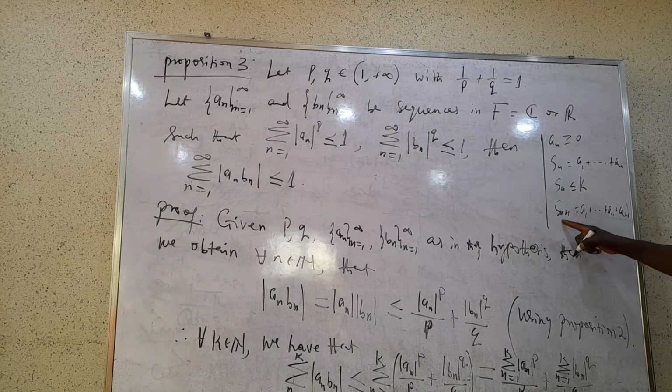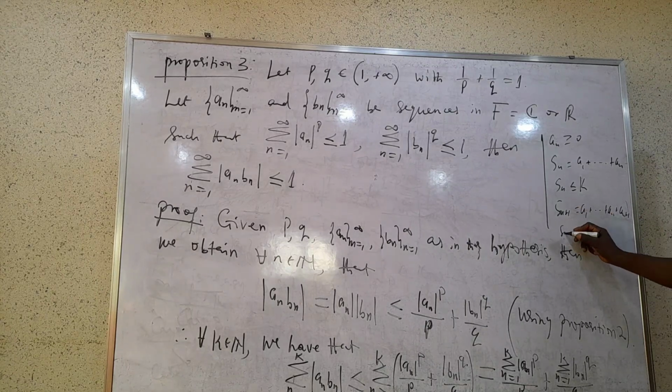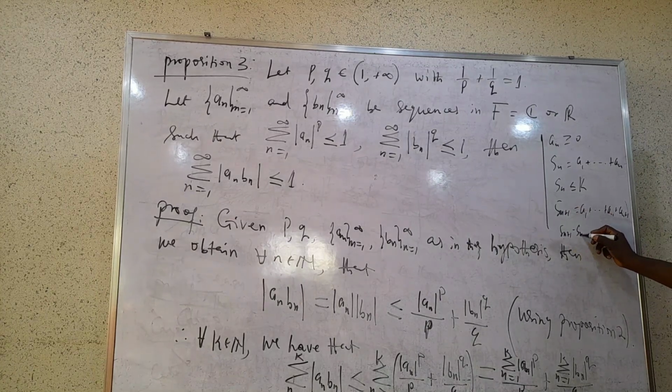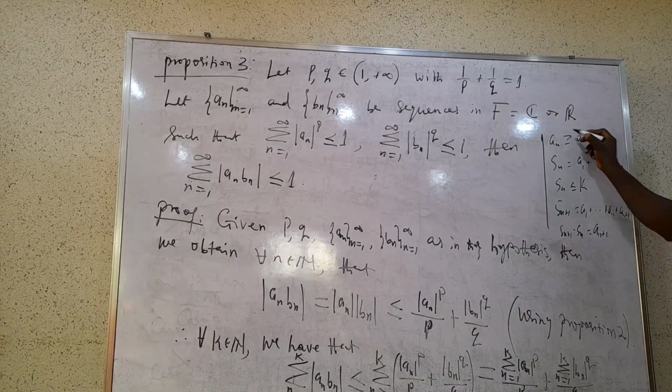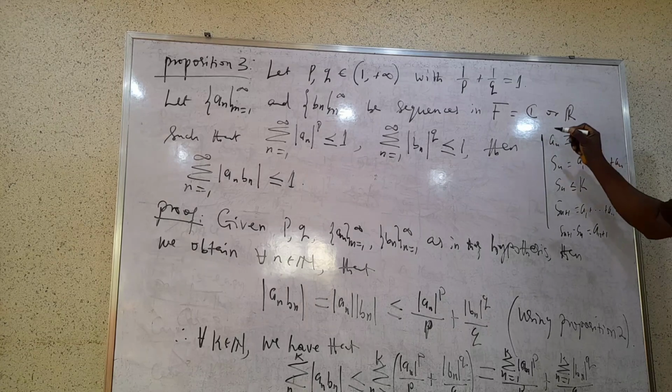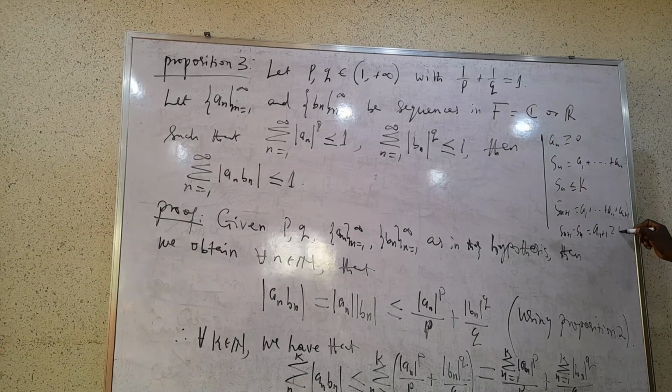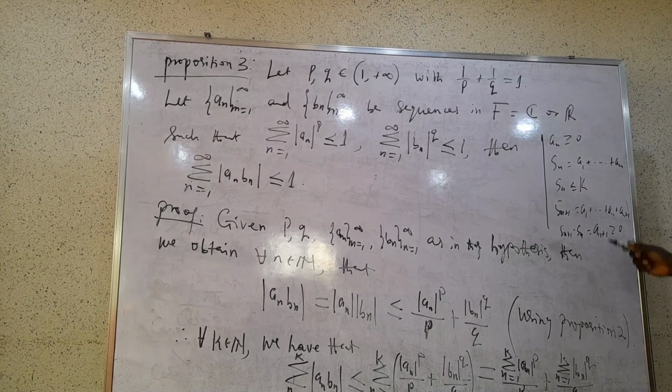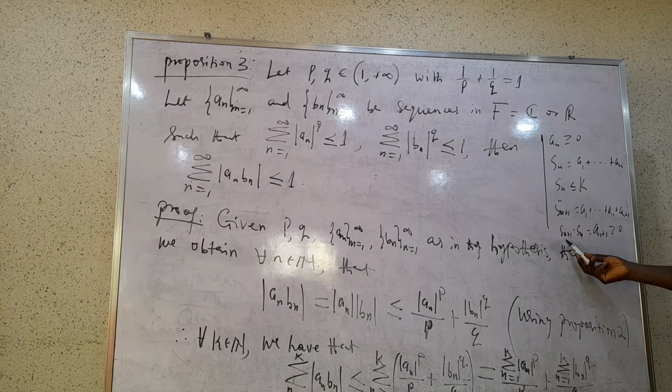Then if I do S_{n+1} minus S_n, I will get a_{n+1}. And since this is a sequence of non-negative terms, this is greater than or equal to 0. This being greater than or equal to 0 means that S_n is less than or equal to S_{n+1} for all n, meaning that the sequence of partial sums is monotone increasing, bounded above, and therefore converges.